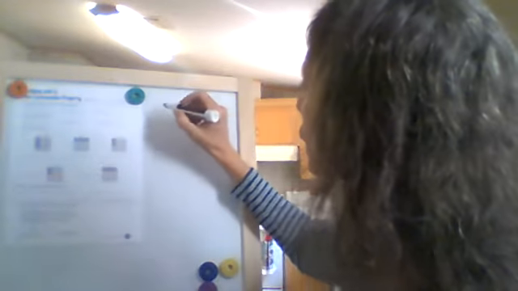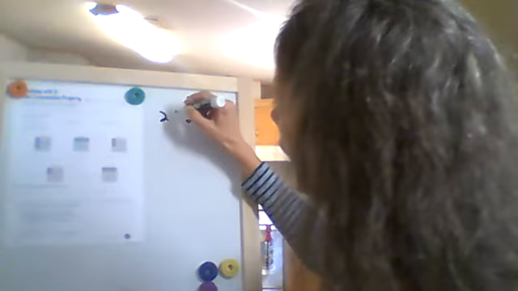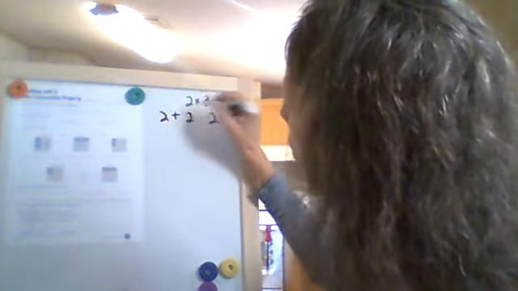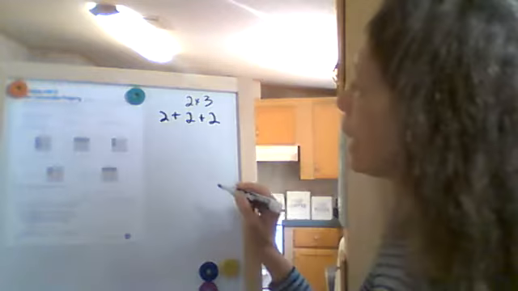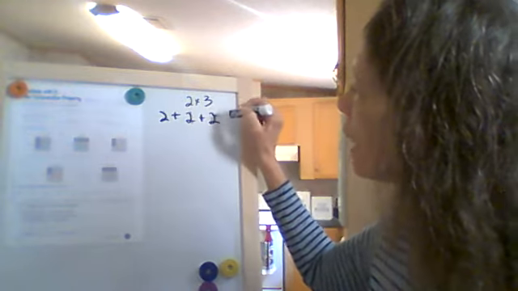So I go 2, 2, 2, and add them, and I get 1, 2, 3, 4, 5, 6.